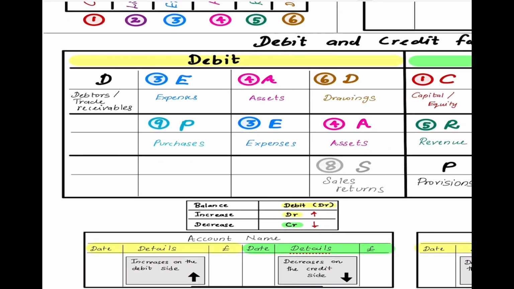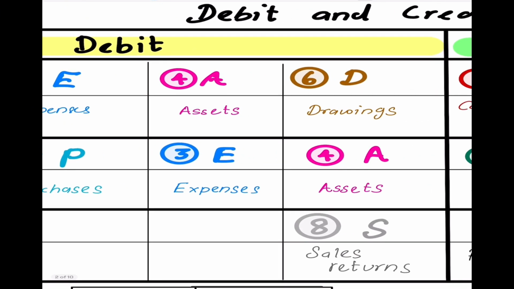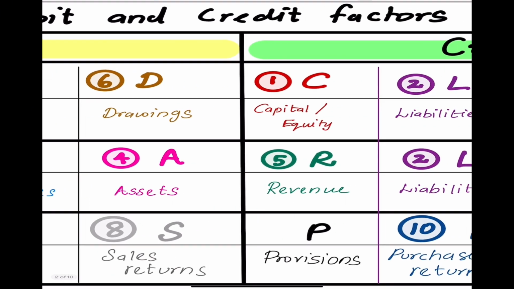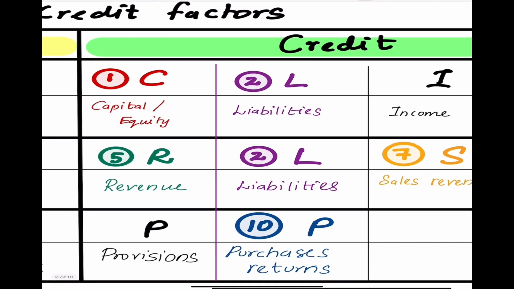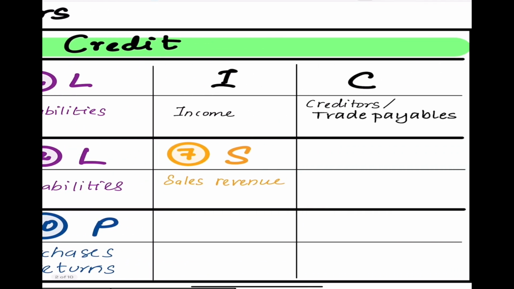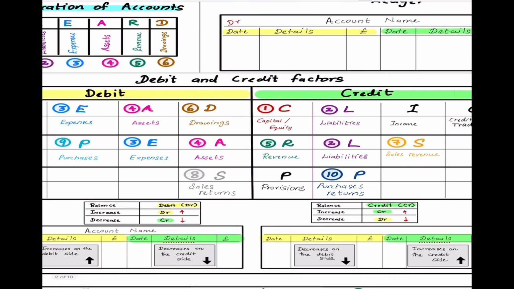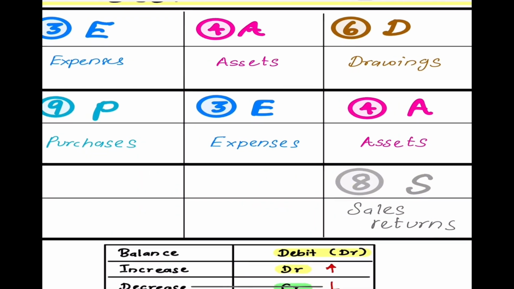D for debtors or trade receivables, E expenses, A assets, and the second D for drawings. All these items are debit factors, whereas C capital or equity, L liability, I income, C creditors or trade payables are all credit factors.